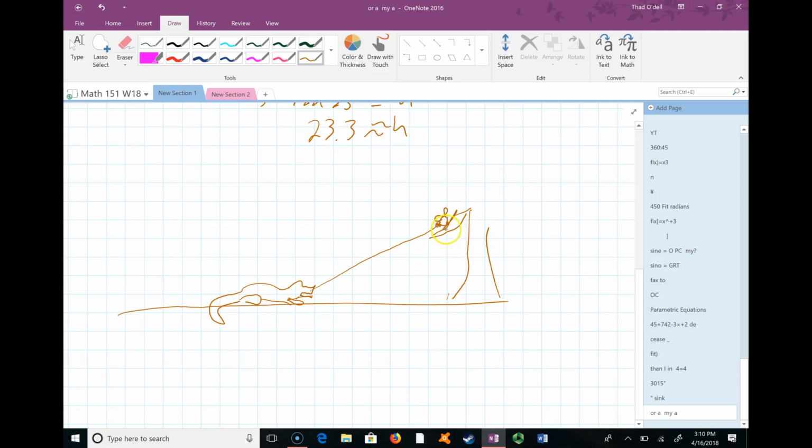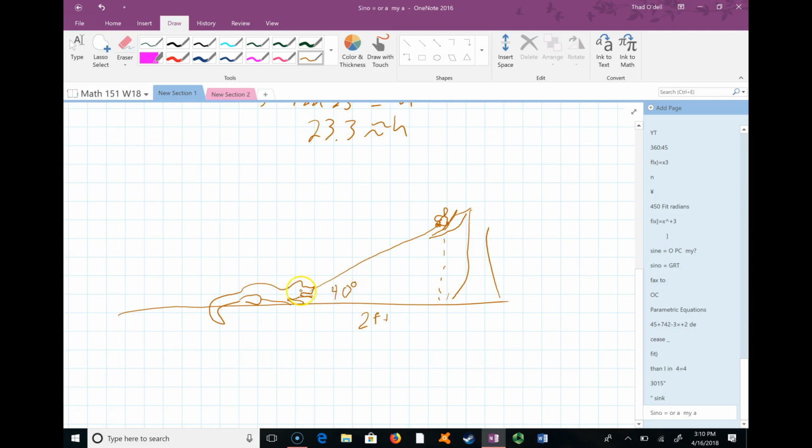So let's say that the lizard happens to know that he is 2 feet from the base of the tree, and he happens to know, because lizards are very good at sighting in angles, that this is a 40-degree angle.